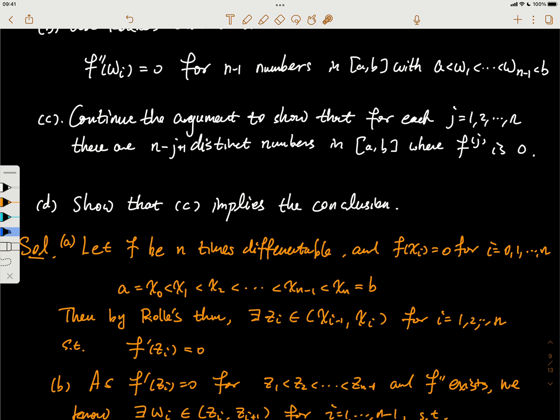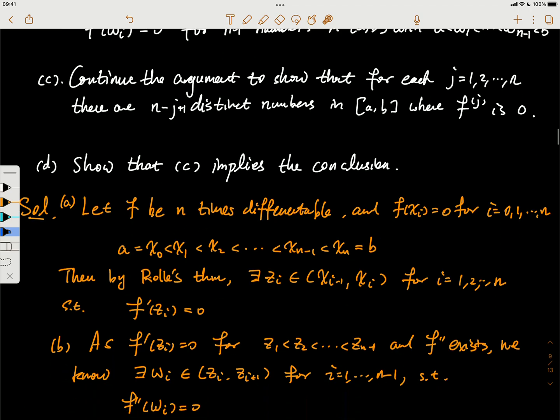So by Rolle's theorem, there exists a point in each of these intervals. For the interval formed by x_{i-1}, x_i, there must be a point in between, I call it zi, such that f prime at zi is equal to 0. So now we have n intervals, and each interval has one point, so that's how we get these n points zi such that the derivative is equal to 0.